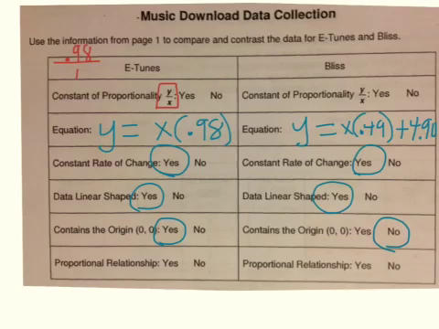So if you test that with the next line in your table, y, the cost in row 2, was $1.96, and x, the number of songs, was 2. If you divide 1.96 by 2 with a calculator, you should still get 0.98.